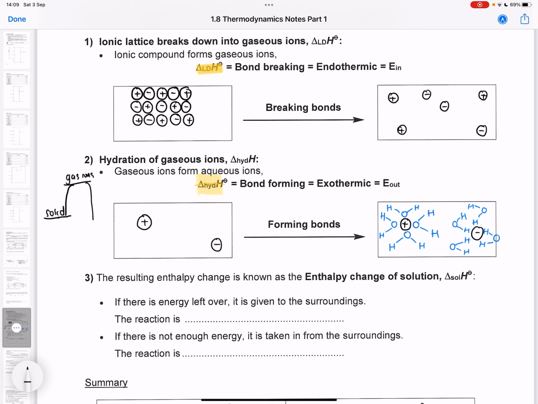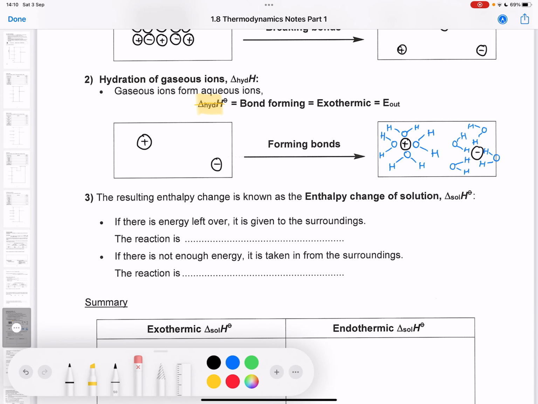If what we get back is more than what we put in, then we're going to end up with an exothermic change, and therefore our solid will dissolve. If what we put in is bigger than what we get back, then we're going to end up with an endothermic change, and we're going to have to put some energy in, probably in the form of heat, to get that solid to dissolve. So we'll just get rid of that little diagram, and we'll carry on here.